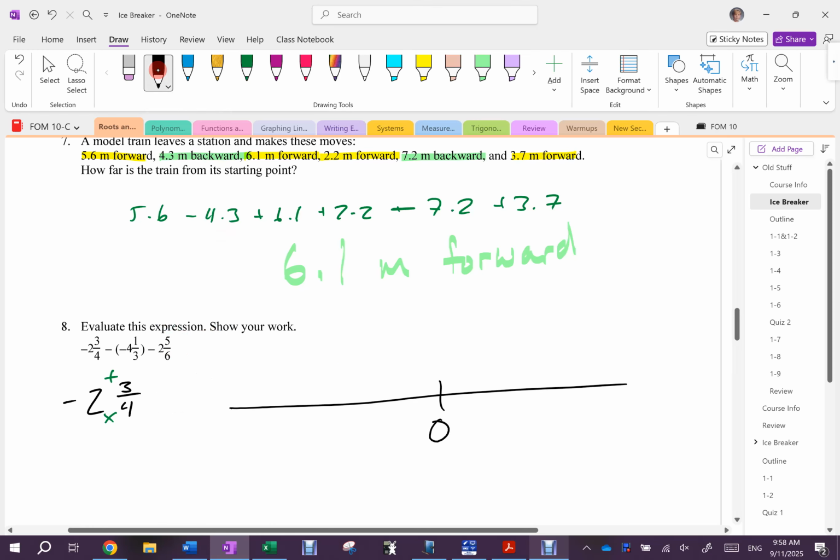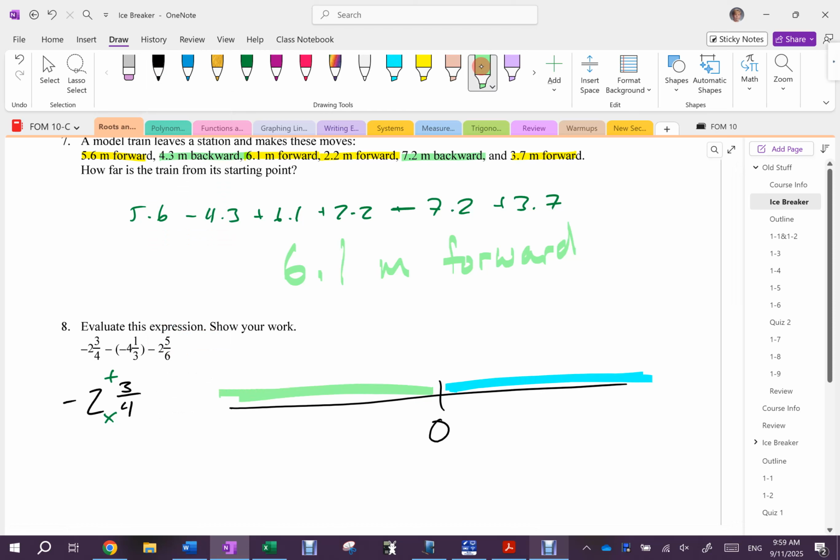There is my good friend, the number line. This is going to be very useful this year because kids are bad with negative numbers. Where on this number line, the blue side or the green side, are negative numbers? Green. So I need negative 2 3/4, yes? So I'm going to go to the left. 1, 2, 3. There is 1. This is 1/4.